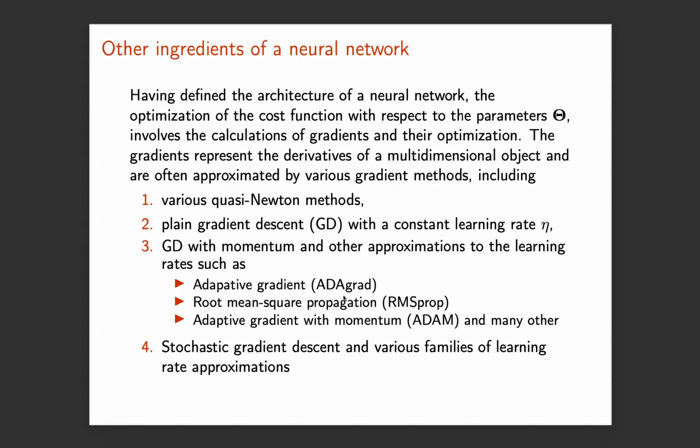So these are methods which play a central role in essentially everything that we are doing. Whether we are doing variational autoencoders or stable diffusion models, there is always an optimization part. And being able to speed up that one by having better approximations to both the gradient descent and in particular this learning rate constant is a part of active and ongoing research.